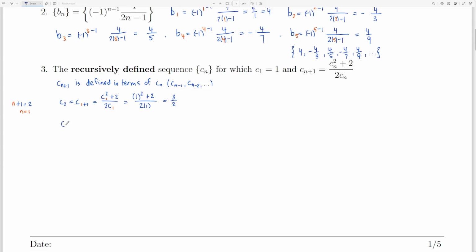Okay, now for C3, we do something similar. C3 is C sub 2 plus 1. So for C3, we have that n equals 2. In our formula to find C3, we use n equals 2, because if you have n equals 2, that gives you C3. So now we have C2 squared plus 2 over 2 times C2.